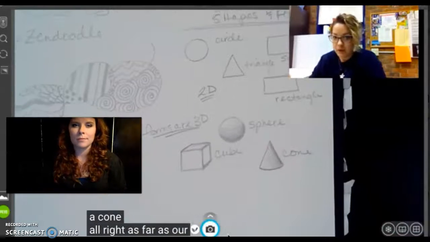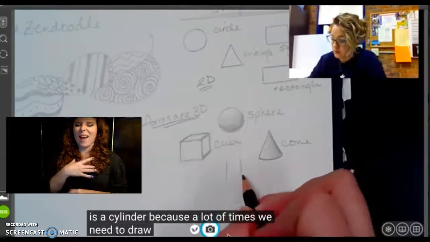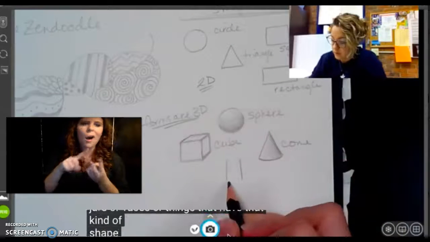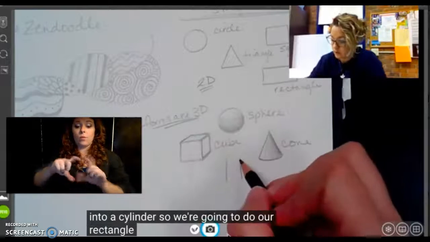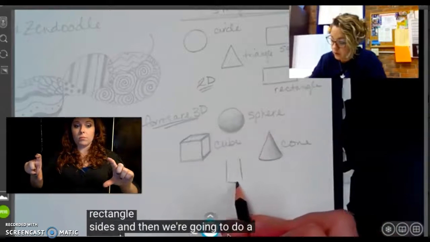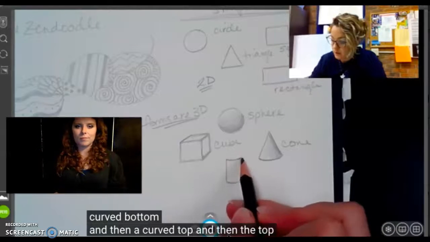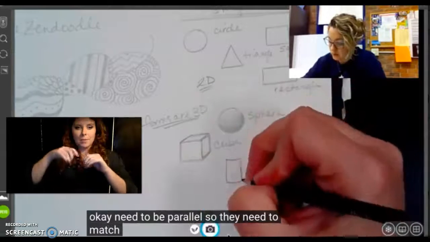All right, as far as our rectangle, what I like to do is a cylinder, because a lot of times we need to draw jars or vases or things that have that kind of shape. So we want to make a rectangle into a cylinder. We're going to do our rectangle sides, and then a curved bottom, and then a curved top, and the top and the bottom need to be parallel, so they need to match.